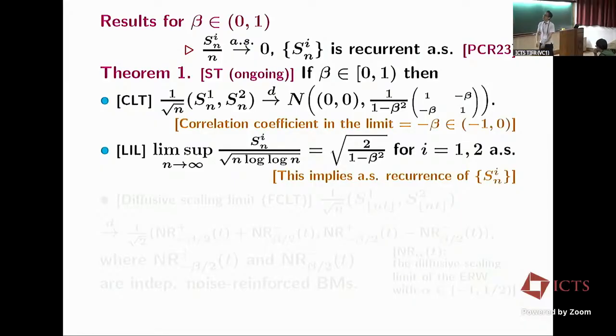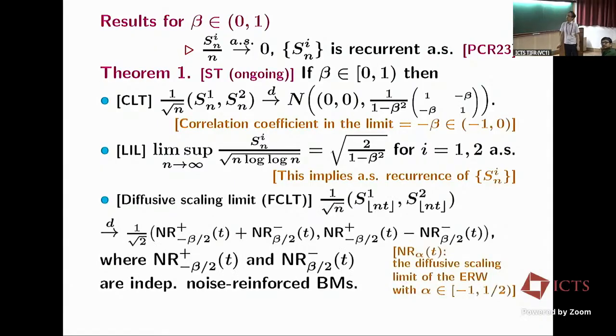And in this regime, we can obtain the scaling limit. This limit looks complicated, but it is the sum of two independent noisy reinforced Brownian motions. One is with parameter minus beta by 2, and the other is with parameter beta by 2.